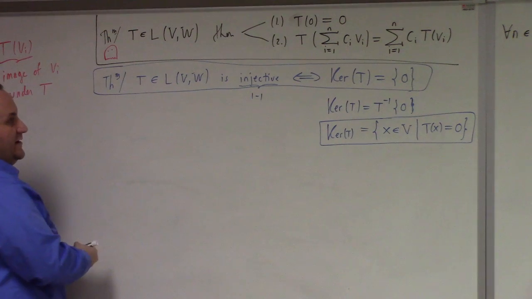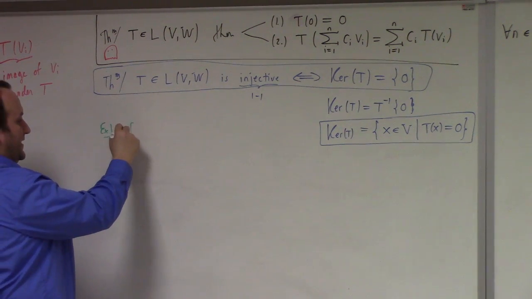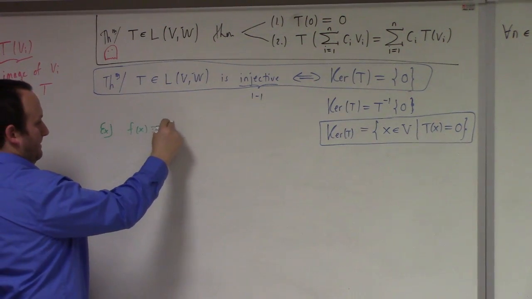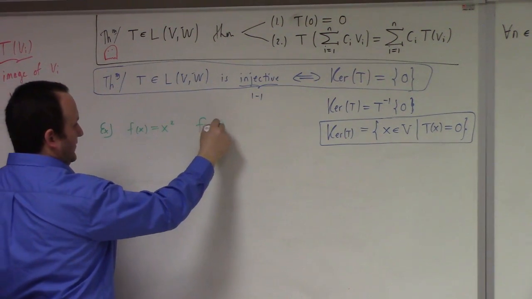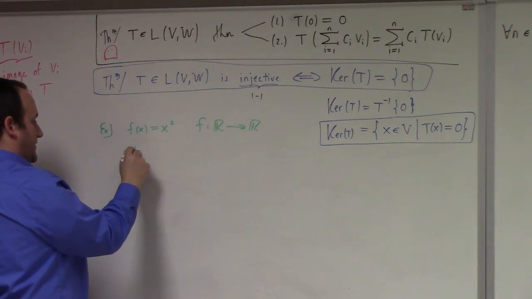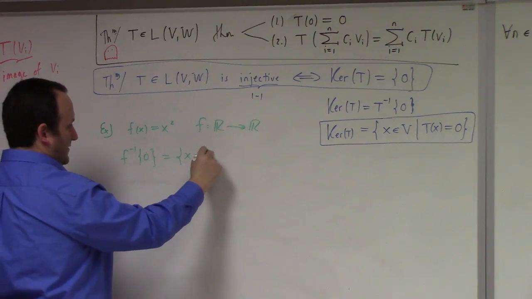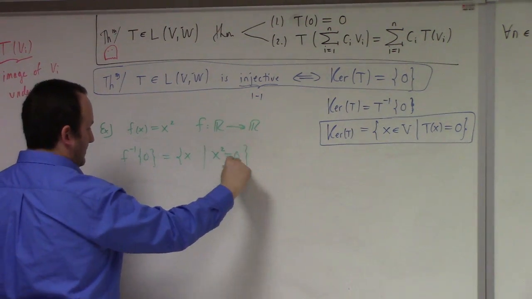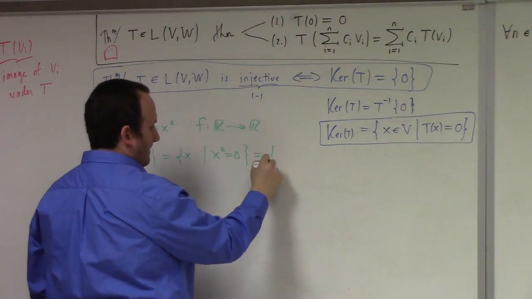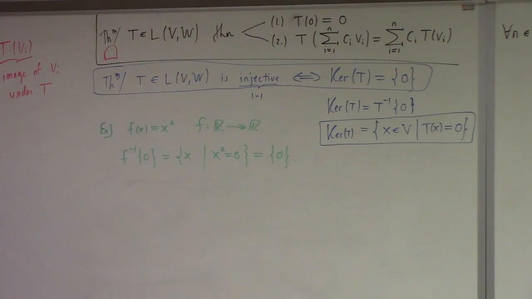Why is this special to linear transformations? Just a cautionary tale. If you look at f of x equals x squared, here we have f, a mapping from the reals to the reals. What's the inverse image of 0 here? x such that x squared equals 0, which is what? 0, right? So what you might call the kernel of this function is 0, and yet it's certainly not one-to-one.